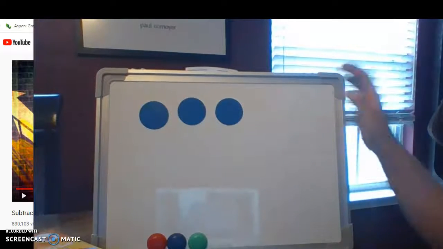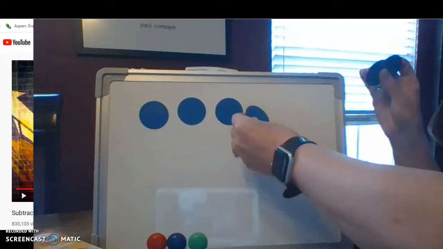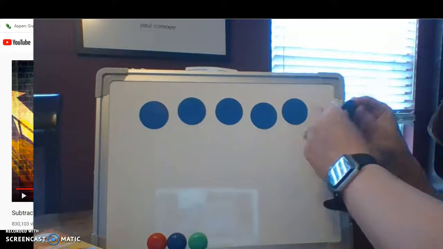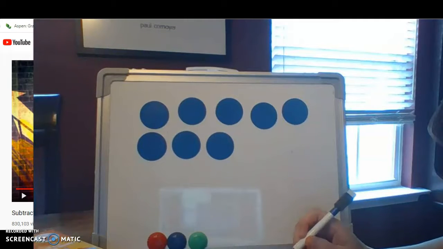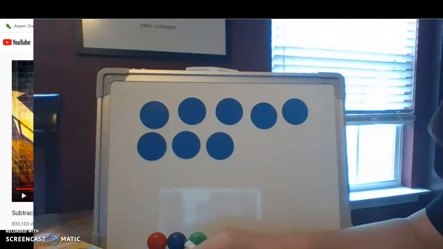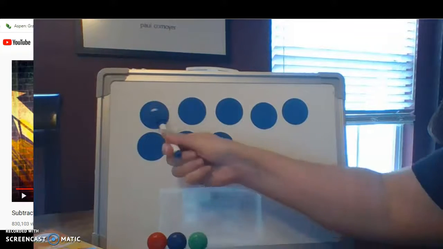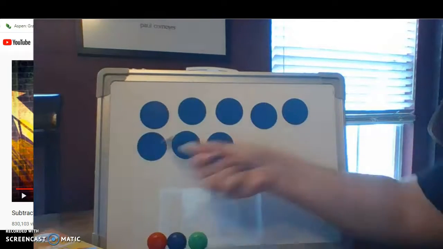All right. Let's say that Princess had 8 lollipops. Okay. She had 8 lollipops. 1, 2, 3, 4, 5, 6, 7, 8. 5 and 3, right?